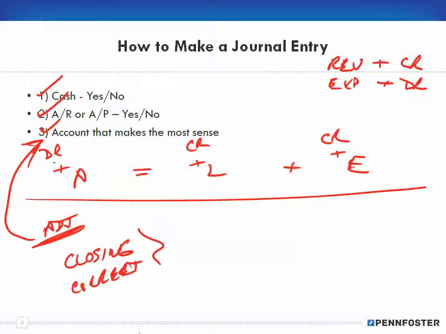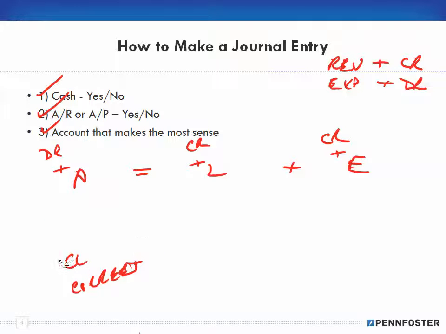So this thought process allows you to work with whatever type of journal entry you're making. Now, I hope you understood that from the previous video and this video. If you haven't, go back and watch the previous video and this video. Try to follow the process, but here's what I'm going to stress.